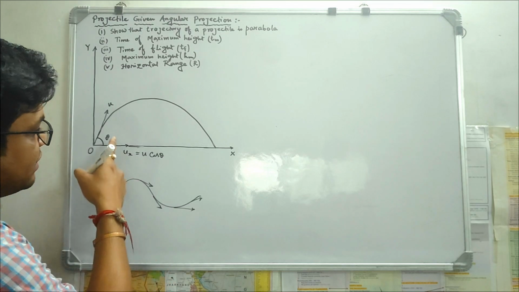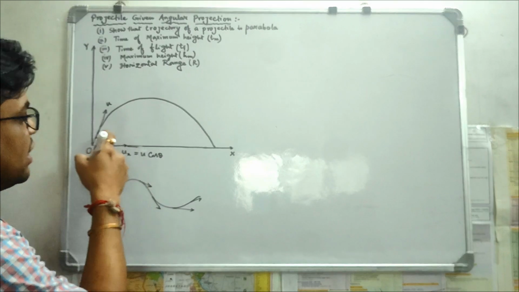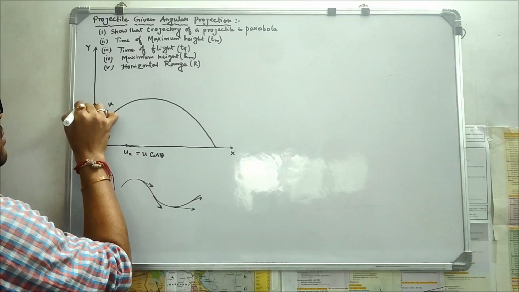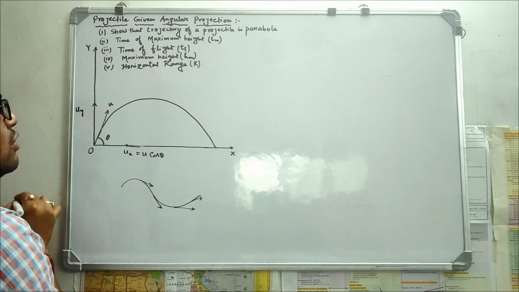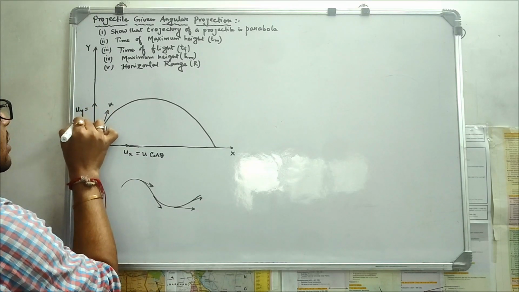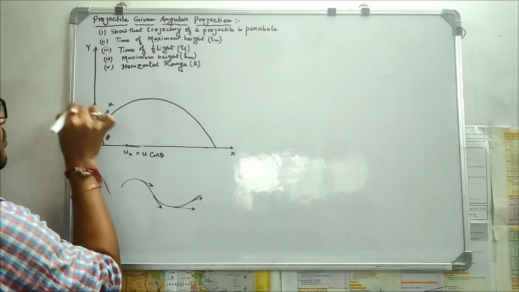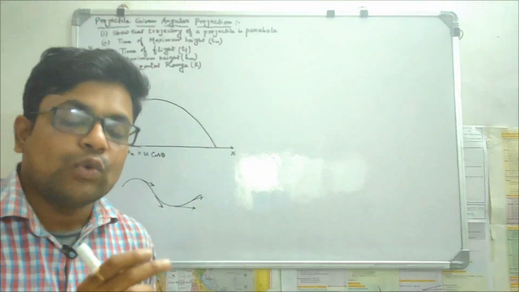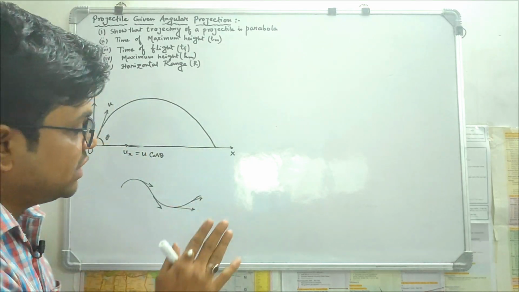As we know, where theta is connected, that side is cos theta, and where theta is not connected, that side is sin theta. So uy is u sin theta. Initial velocity has two components: one is u cos theta, another is u sin theta.